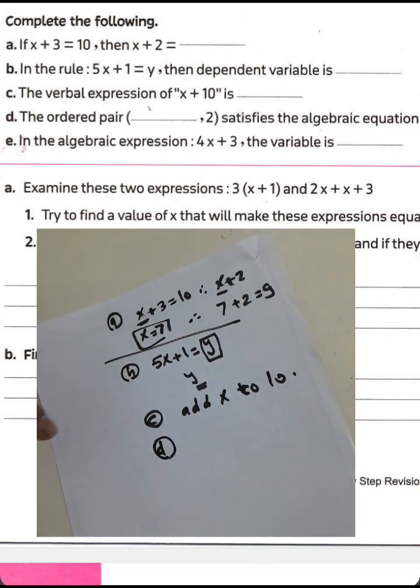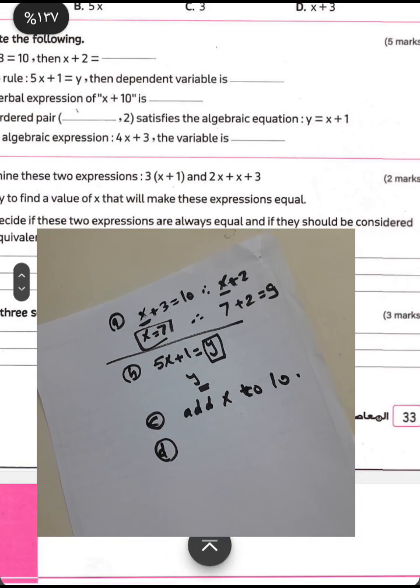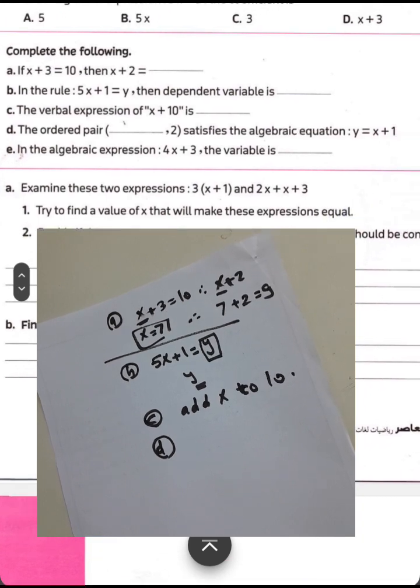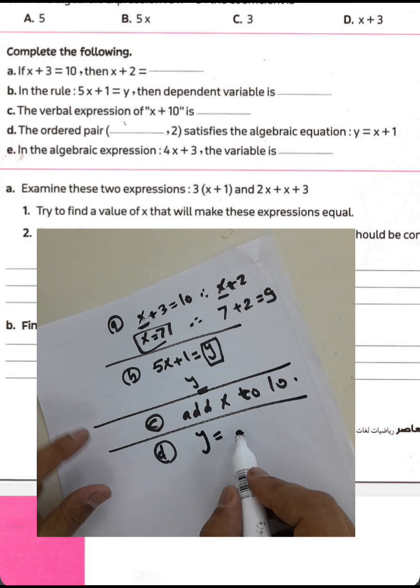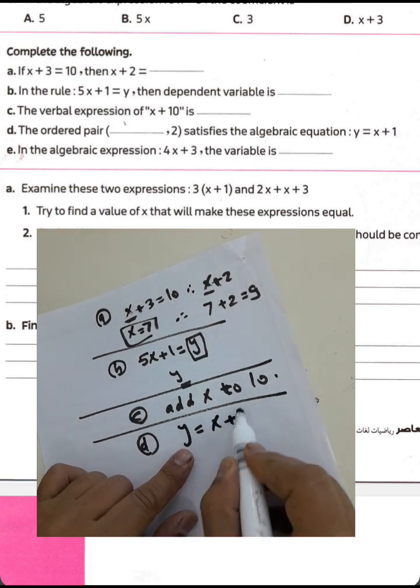Question letter D. The ordered pair, first projection blank and second projection 2, satisfies the algebraic equation y equals x plus 1, then x will be what? We have y equals x plus 1.